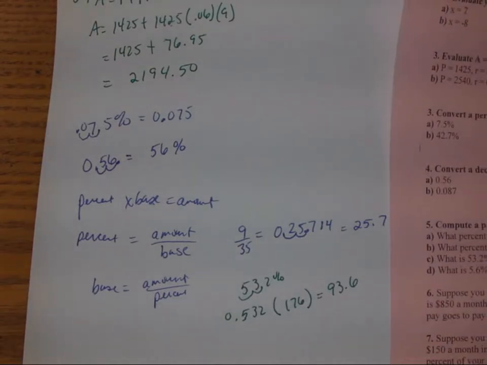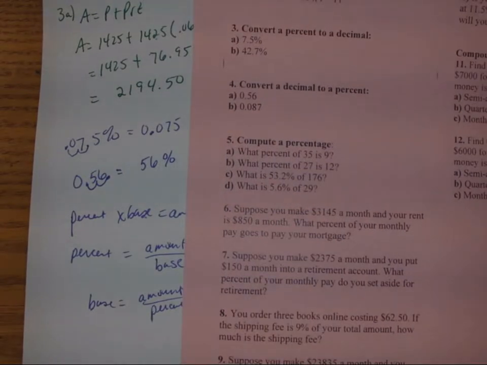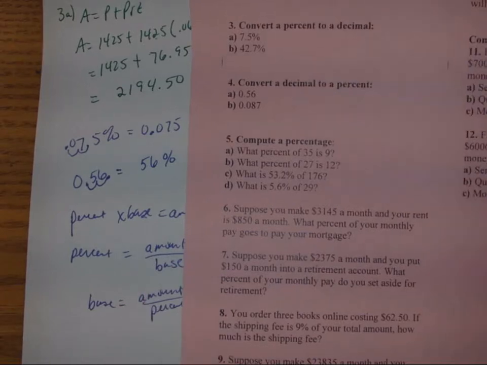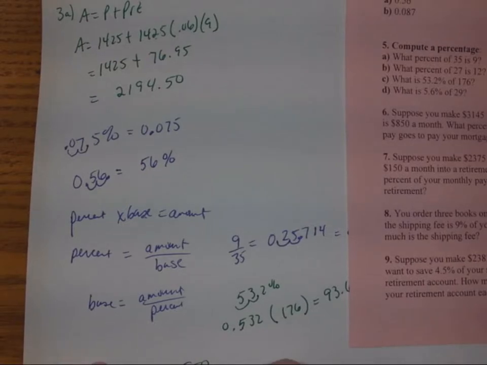All right, so the next part here, suppose you make $3,145 a month and your rent is $850 a month. What percent of your monthly pay goes to pay your mortgage? So again, you're looking at percent, it's going to equal the amount over the base. So we're going to have 850 divided by the base, which is your entire pay.